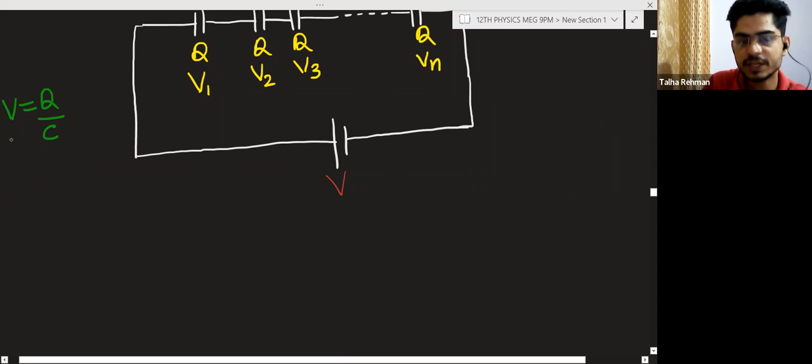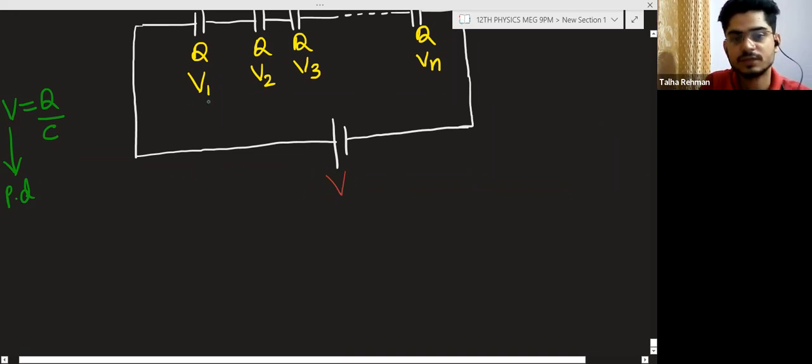V is the potential difference, Q is charge, C is capacitance. So this V is divided across n capacitors.